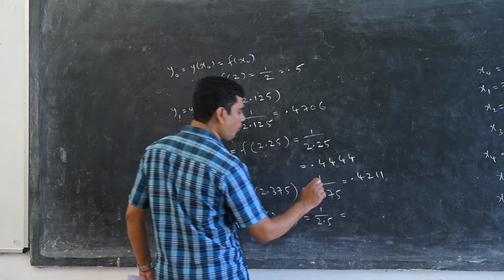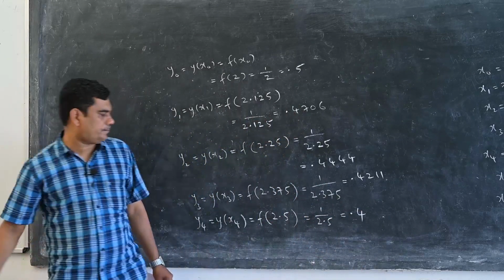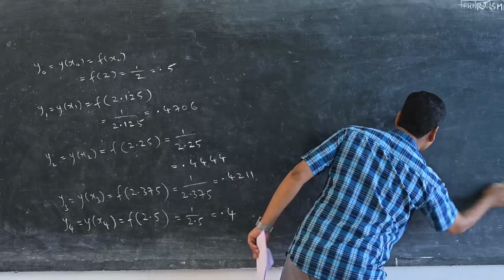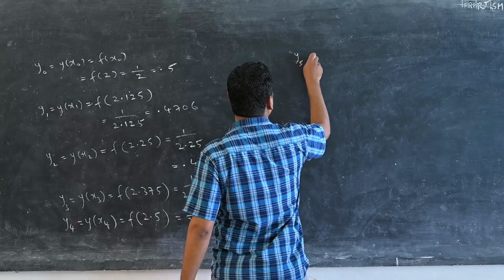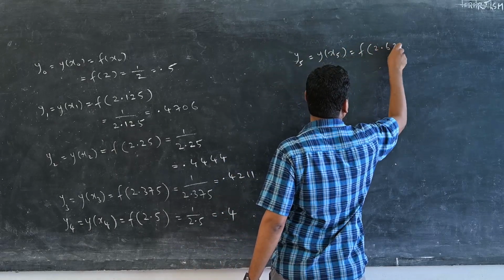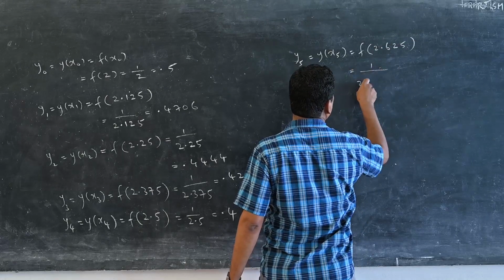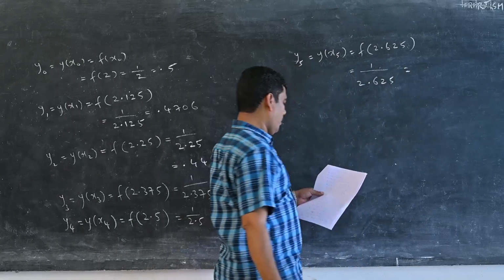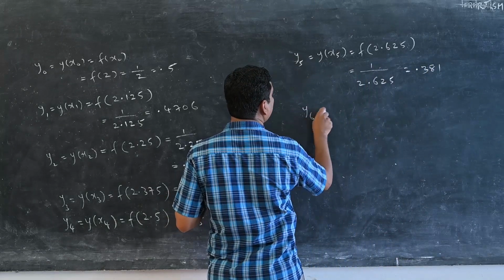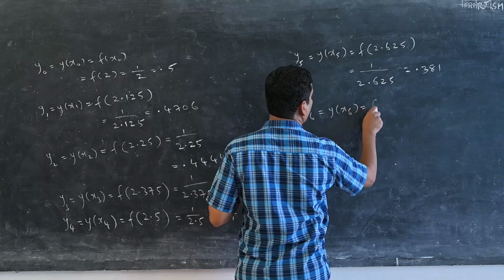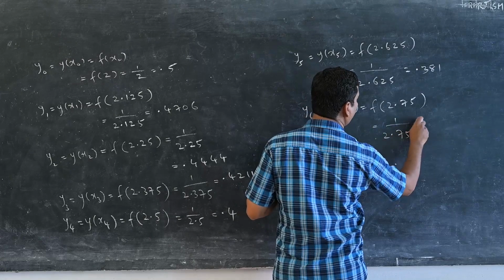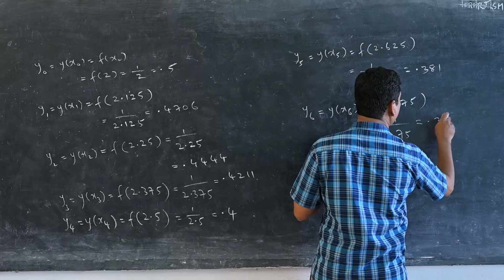This is equal to 0.4. y5 is y of x5, which is f of 2.625. 1 by 2.625 is equal to 0.381. y6 is y of x6, f of 2.75. 1 by 2.75 is equal to 0.3636.